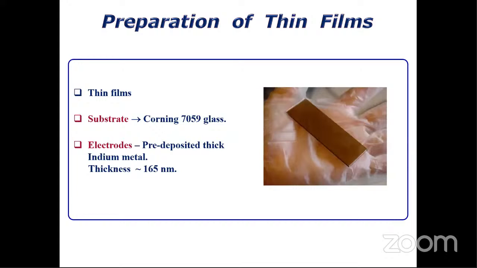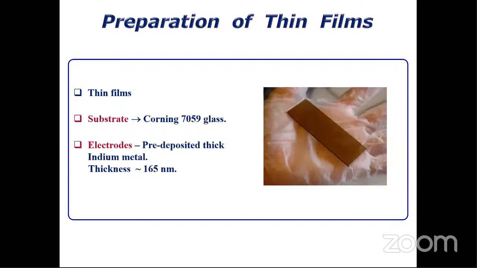As we know, Corning is the name of an American company, Dow Corning, all of us know. And 7059 is a particular number of the glass, and the advantage of this glass is that it is alkali free. So it is a very high resistive glass substrate, because the current which we are going to measure by depositing these materials on the glass film is very low.